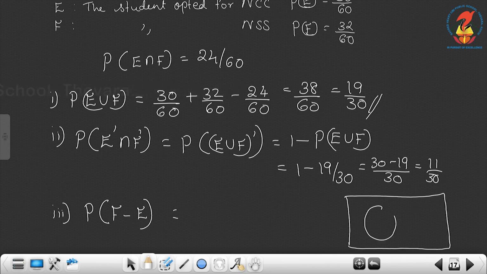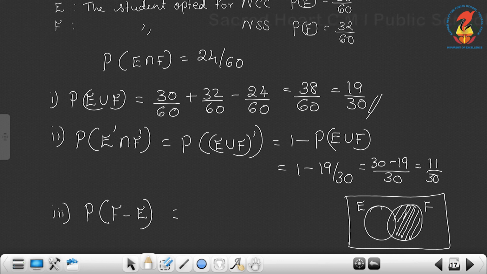Venn diagram, E, F. F minus E means this shaded portion. Okay, that is F minus E. How to find that portion?